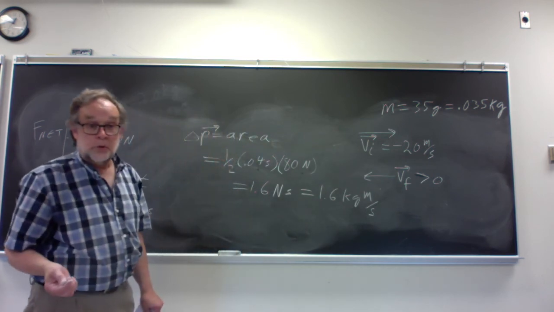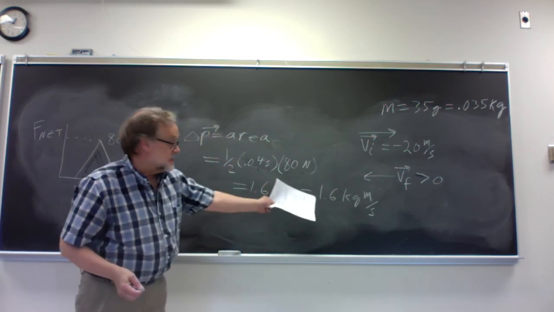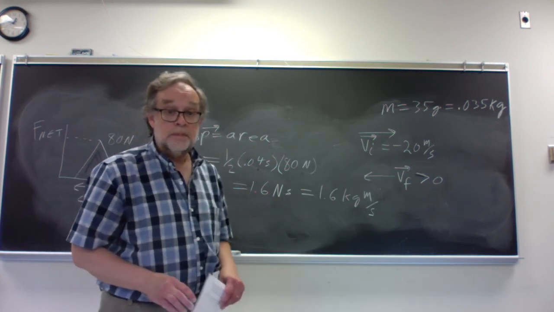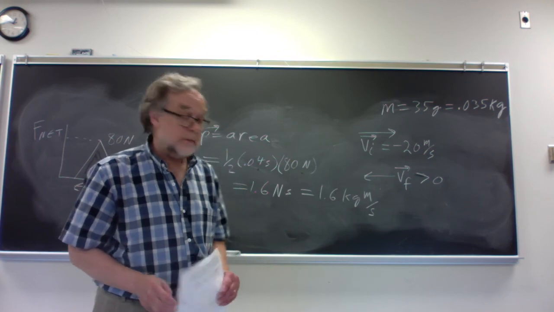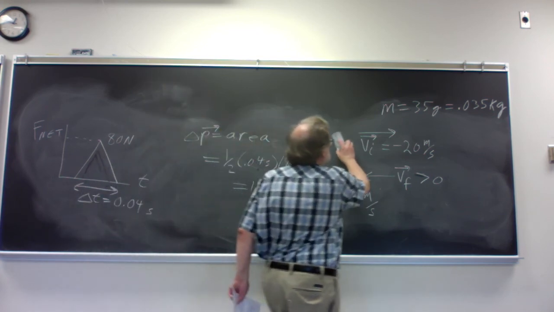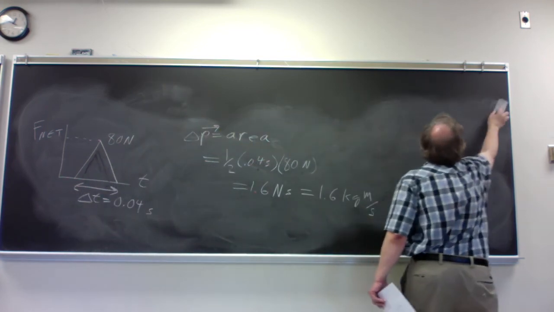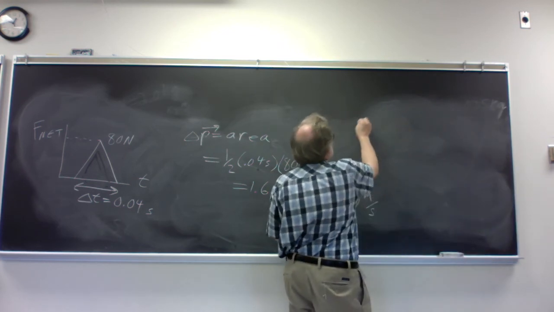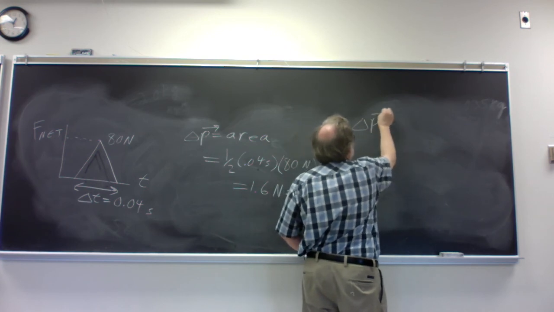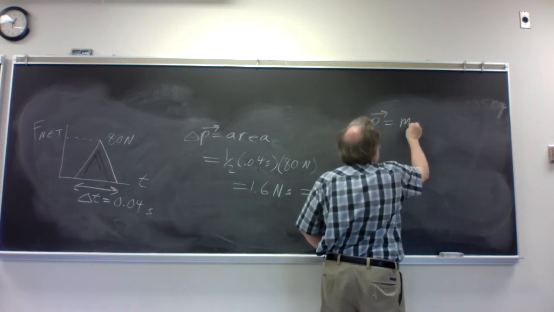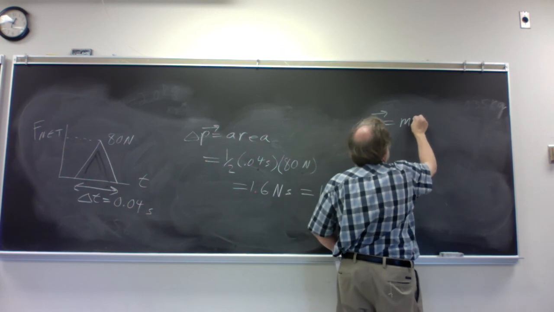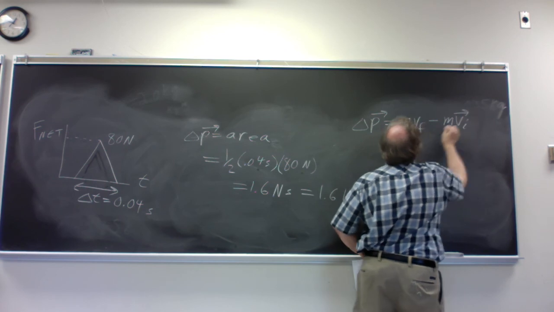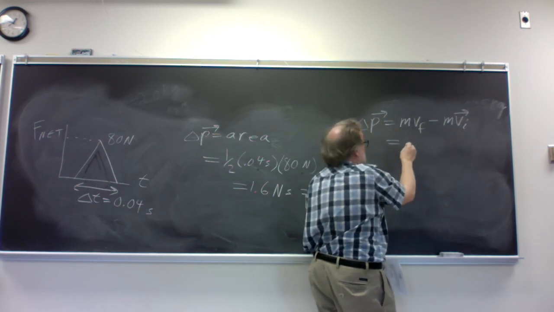And now we can use the impulse momentum theorem. Since that's impulse, also known as change in momentum, we can use that to figure out what the final velocity is after you finish hitting the ball. So change in momentum is equal to the final momentum, which is mass times final velocity, minus initial momentum, which is mass times initial velocity, and pull out that factor of mass.